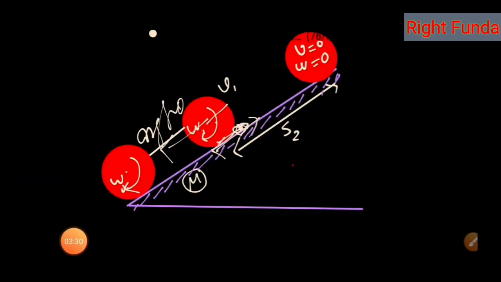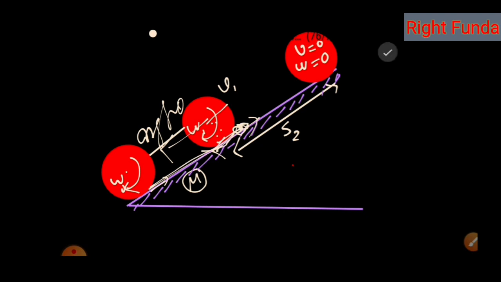To summarize what happened in this problem: initially the cylinder was given omega naught alone, in a clockwise sense, with no translational velocity. Friction force acted on it, increasing the linear velocity in the up direction and decreasing omega. From this point to this point, sliding took place, and we found the velocity when pure rolling starts.